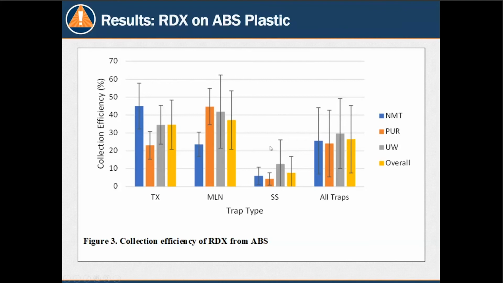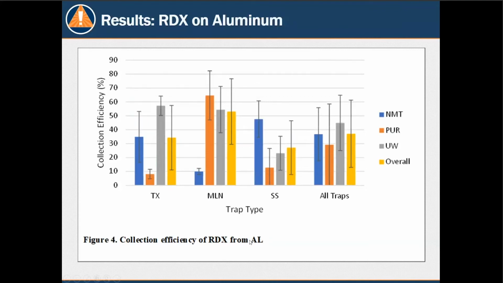So this is ABS. This is the RDX again, and now this is off the aluminum surface, which was a little different roughness. And interestingly here, the stainless steel actually performed really well for New Mexico Tech off of this aluminum, which is very unusual. But the aluminum was very difficult in certain cases to recover from.